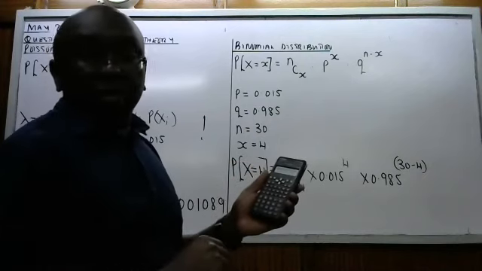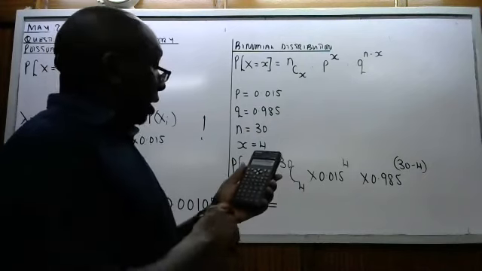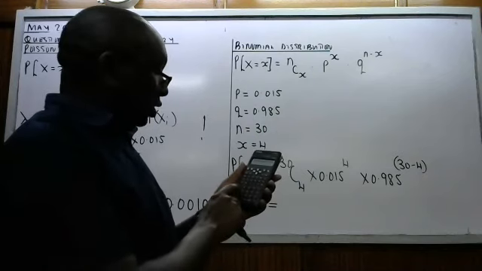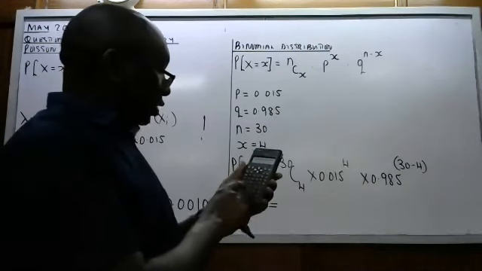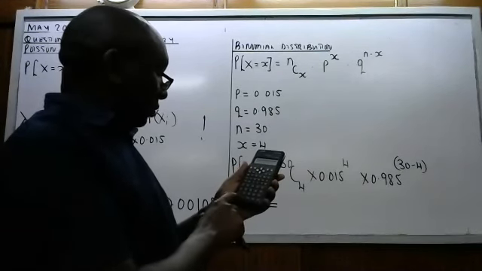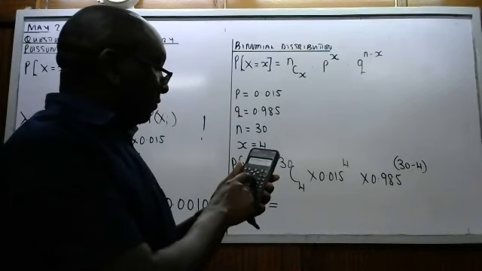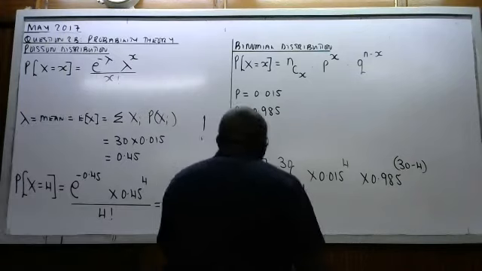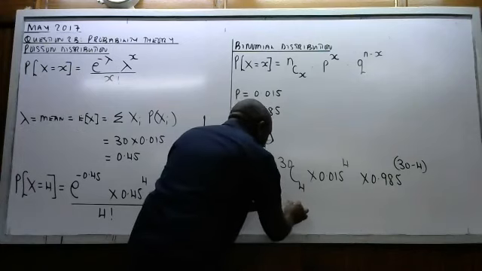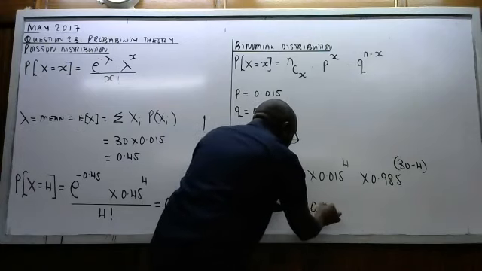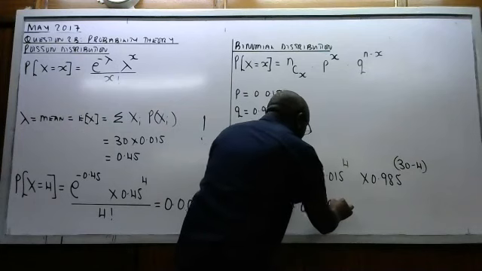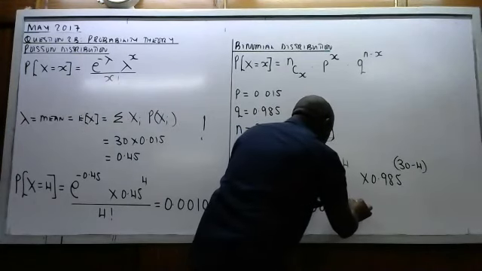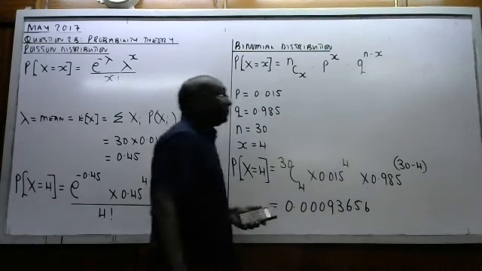For others you don't need shift if it is on top. 4 times 0.015 raised to power 4 times 0.985 raised to power 26 equals. So the answer that I am getting is 0.000093656.